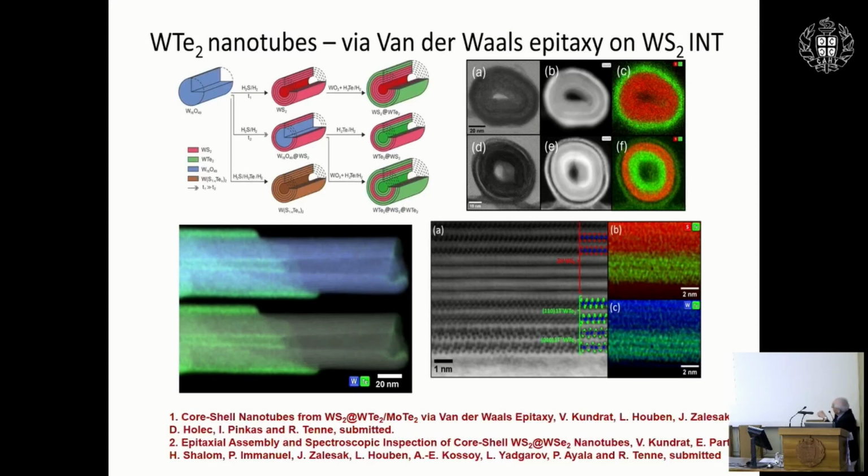And there is a transformation of phase from 1T to 1T prime when you go from the bulk tungsten. So this is the tungsten disulfide, and this is the tungsten ditelluride, and it transforms gradually from 1T to 1T prime. I won't go into the structural details, but this is a very beautiful demonstration of the core shell nanotubes that we can do today.